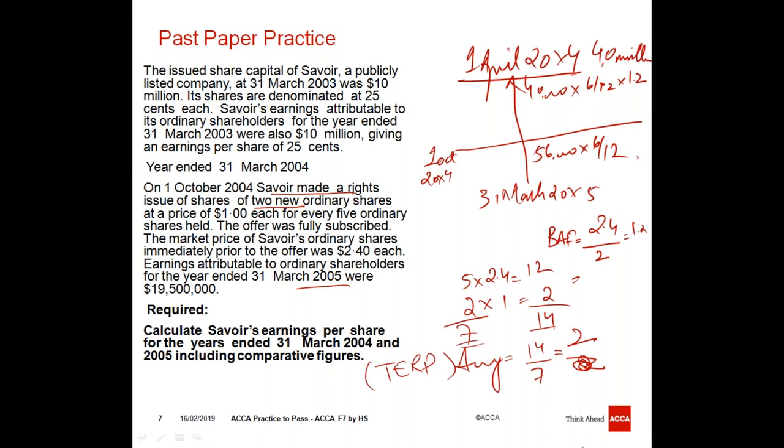So multiplying these two values, we get the EPS for 2005. That is 19,500 divided by the value, so I think I have to calculate the amount. 40,000 multiplied by 6 divided by 12 multiplied by 1.2, so it will be 24,000, plus 56,000 divided by 2, 28,000.